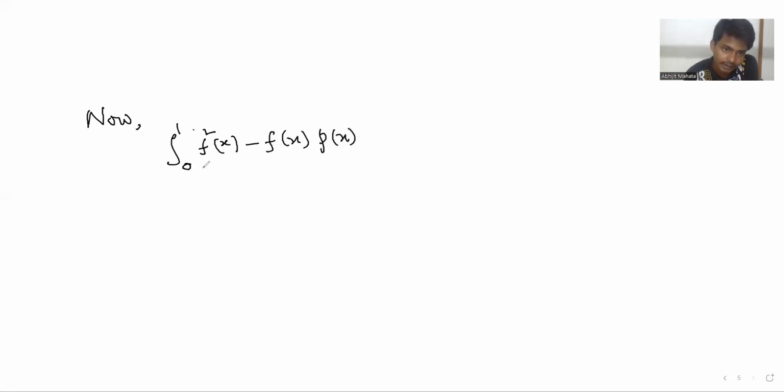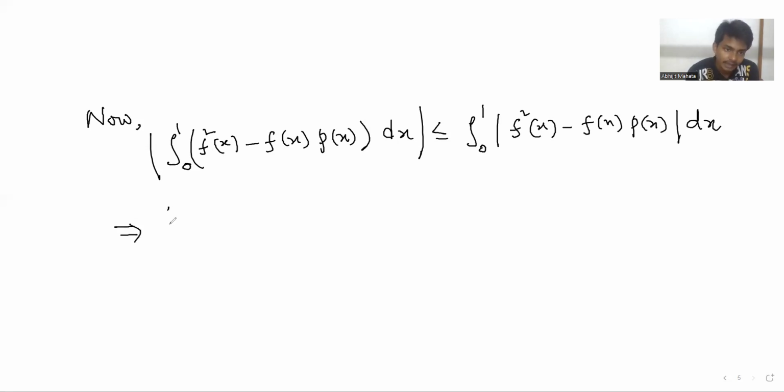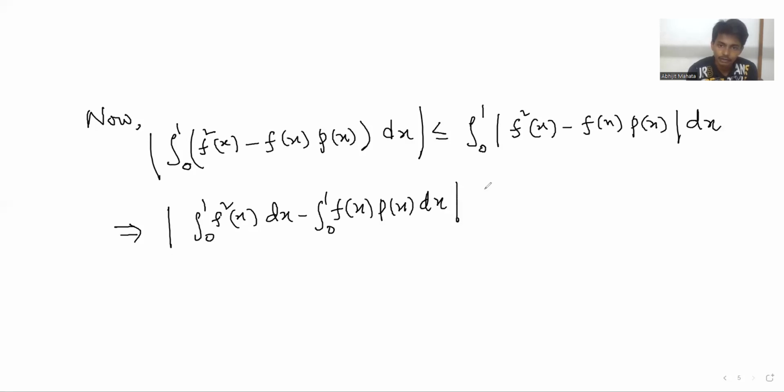Now we move to the next one. See the integral value, if you evaluate from 0 to 1 of f squared x minus f(x) p(x) dx, the absolute value is less than or equal to the integral from 0 to 1 of the absolute value of f squared x minus f(x) p(x) dx. And since integration is linear, the absolute value of the integral from 0 to 1 of f squared x dx minus the integral from 0 to 1 of f(x) p(x) dx is less than or equal to this.